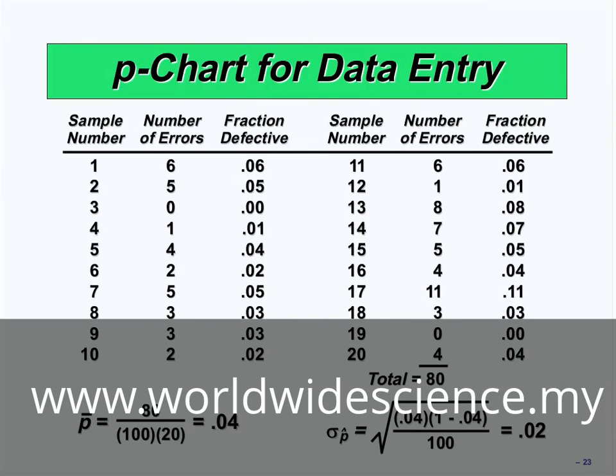For example, imagine in a company, the operation manager has done 20 samplings. In sample number 1, the number of errors, or number of defective products, was 6.